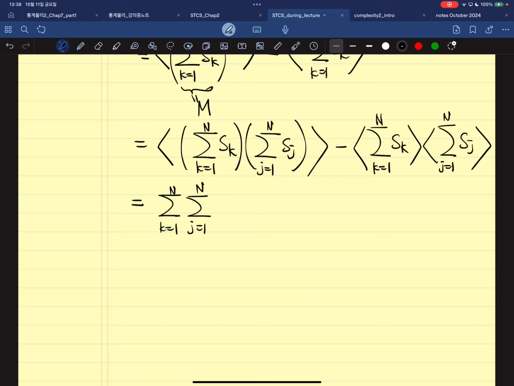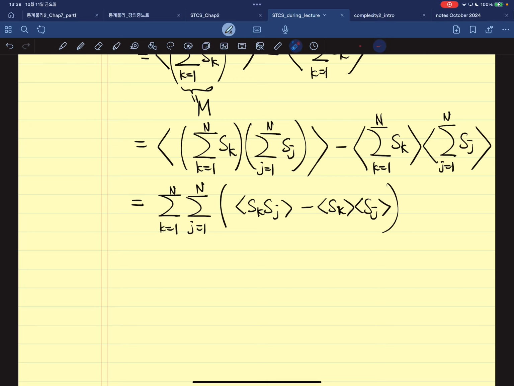And it's possible because this averaging operation is completely linear. So we can actually write it as s_k s_j minus s_k and s_j.